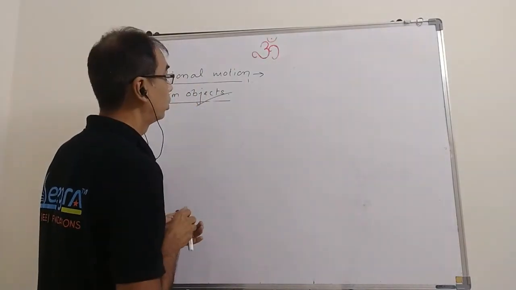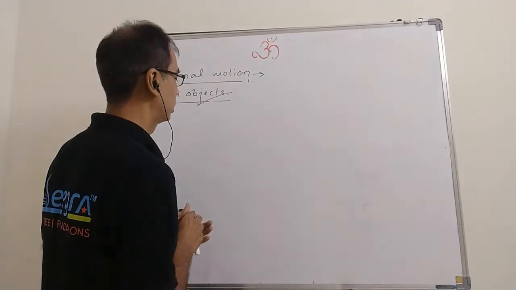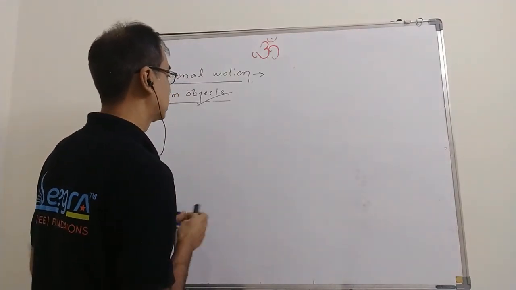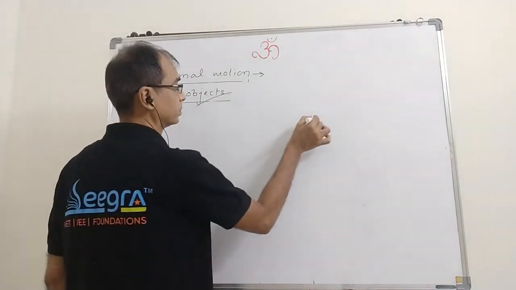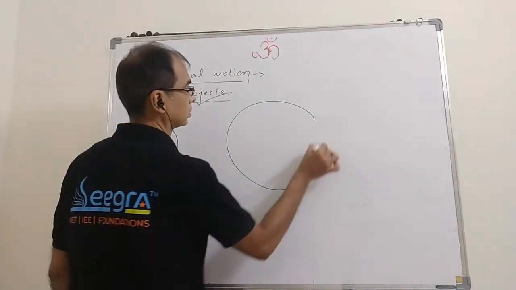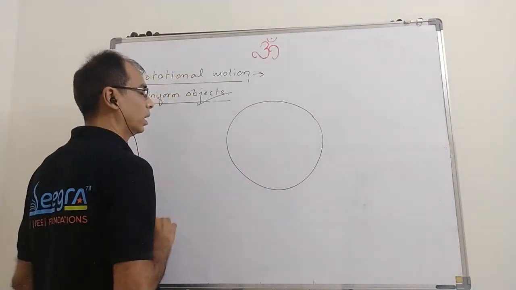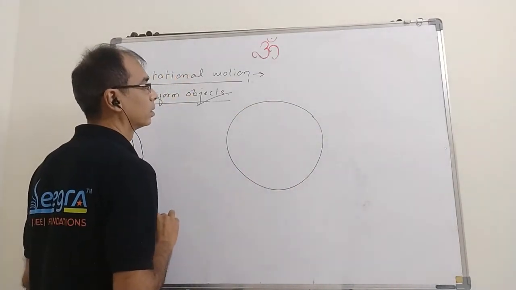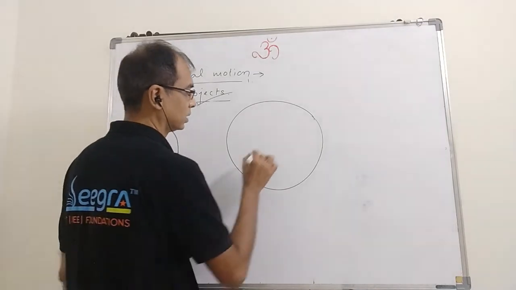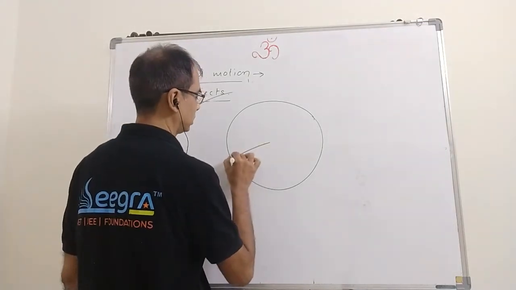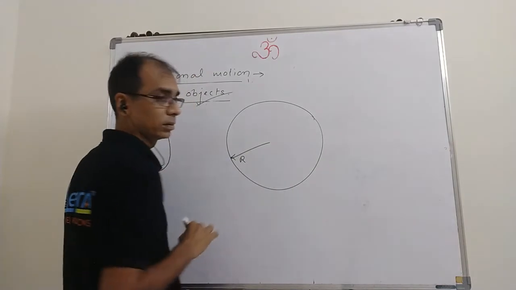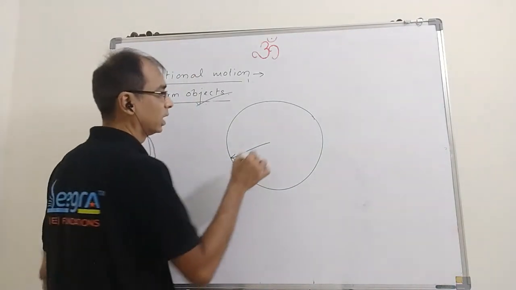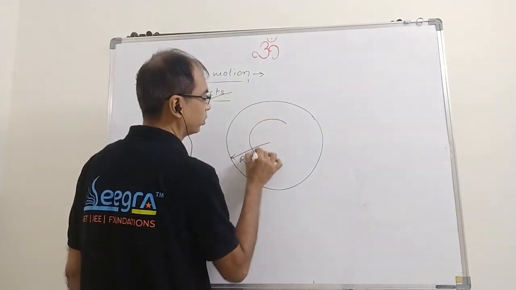So, what is the question? The question is, I have a disk of radius, let's say, capital R. From this disk, I removed a portion.